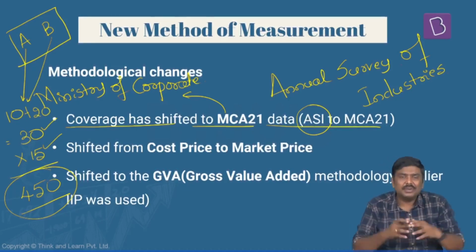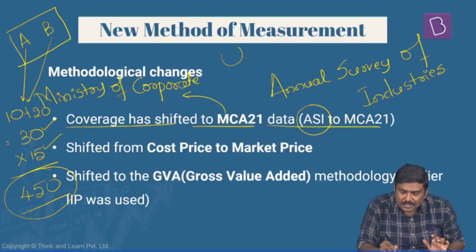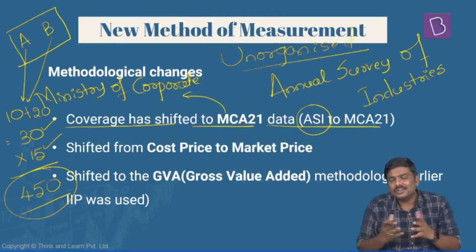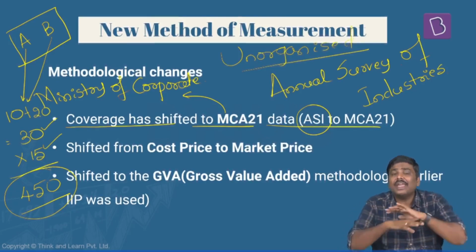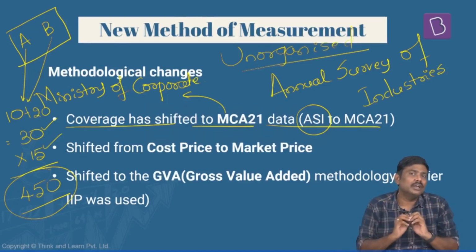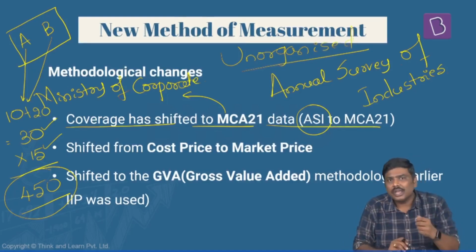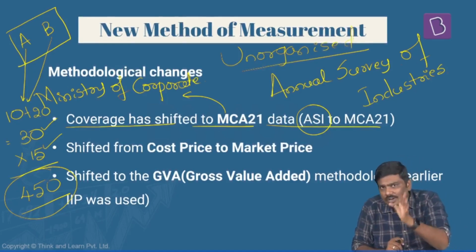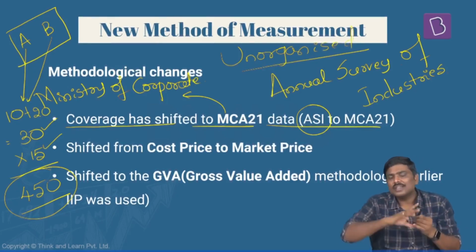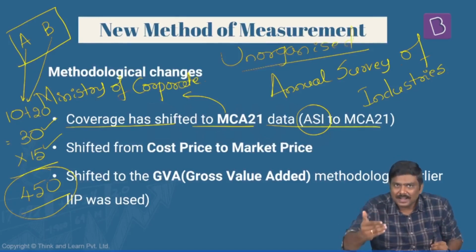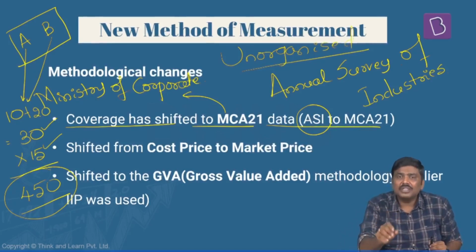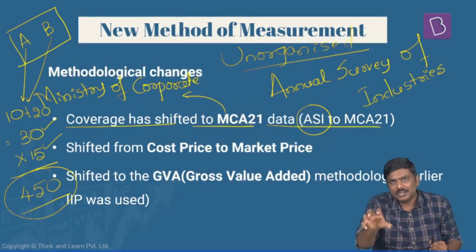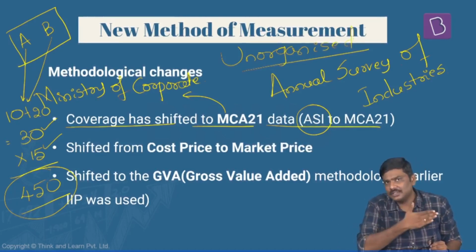A large number of companies are unorganized and informal in nature, which simply means they are not registered and do not come under the coverage of any of the laws of the government. In such a situation, how can you collect the production data from all of these companies? So NSO has identified 3 plus lakh companies, and these companies should report the production data on a monthly basis to NSO.